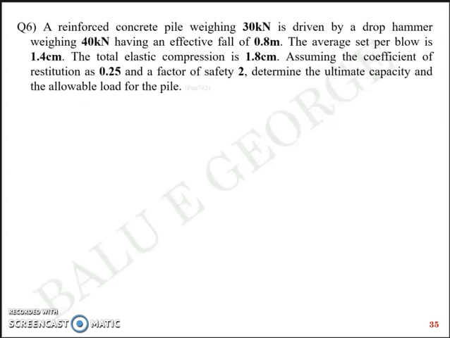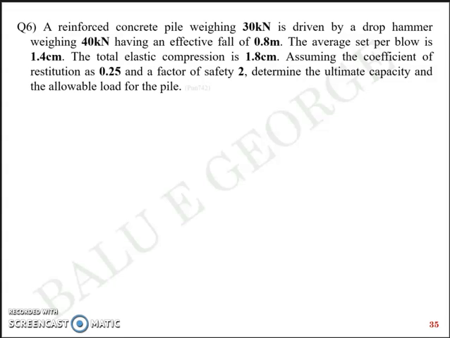Next question for assignment. You have a reinforced concrete pile weighing 30 kilonewton. It's driven by a drop hammer weighing 40 kilonewton, 4 tons, having an effective fall of 0.8 meters. The average set per blow is 1.4 centimeter. The total elastic compression is 1.8 centimeter.